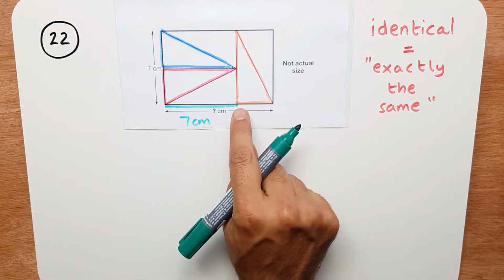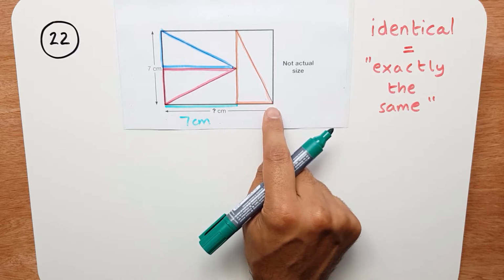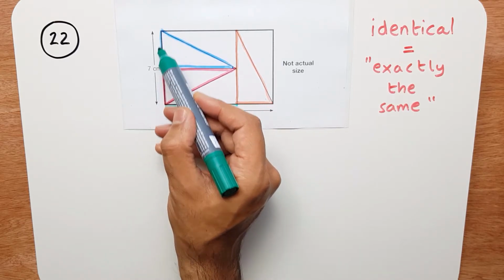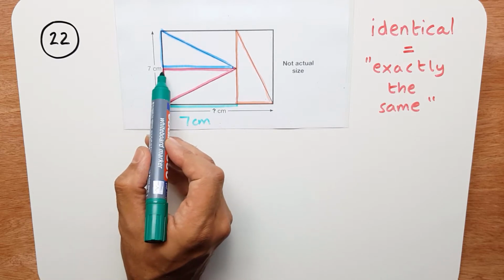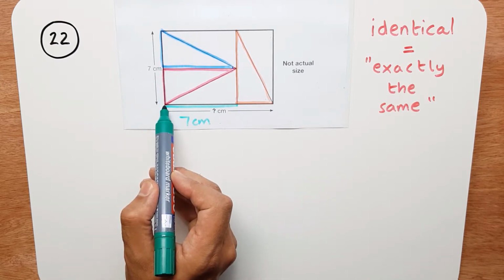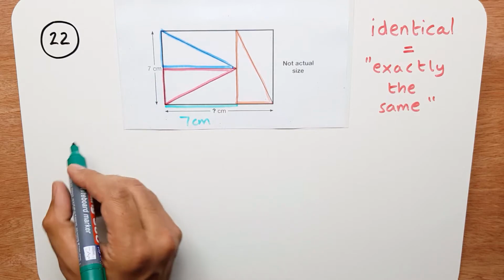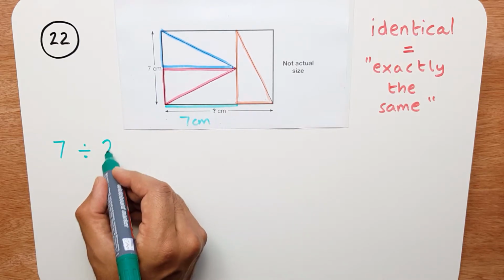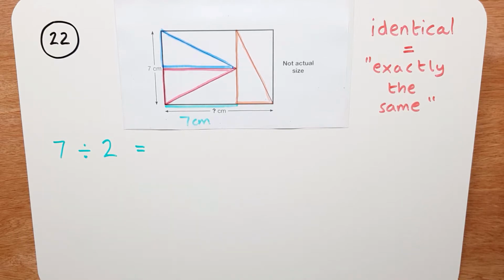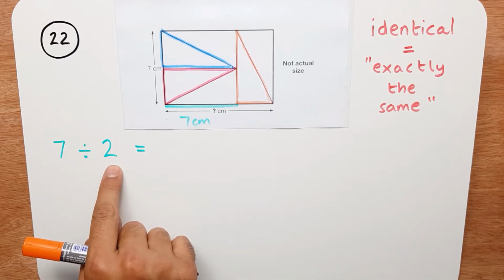Now I need to work out what one of these short sides is. If I look here, 2 short sides equals 7 centimeters, and I only want one short side. So what I'm going to do is 7 divided by 2. Again, there's lots of ways of doing this.